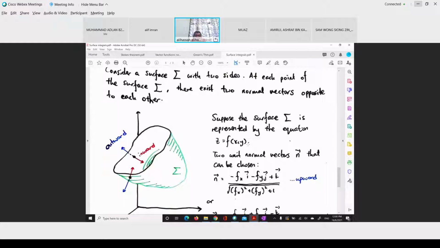So the rate of fluid passing through sigma in the direction of the normal vector n with respect to time is the mass of fluid divided by time.